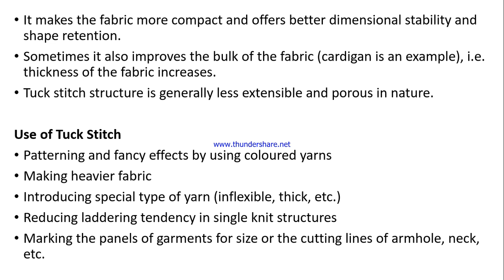The laddering tendency can be reduced by the tuck stitch. Whenever there is a tuck, at that particular point laddering will stop. The ladder will not propagate further. So the tucking is very useful for preventing the further propagation of the tearing of the knitted fabric.